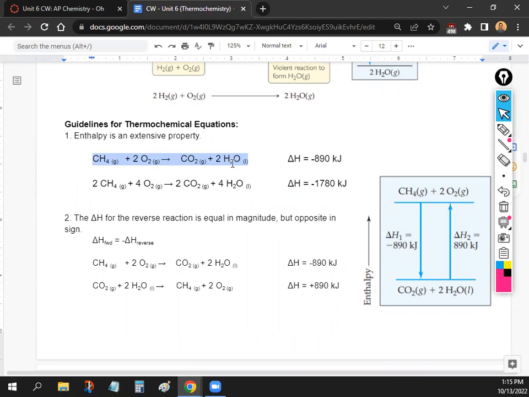But if you double everything inside the reaction, if you multiply everything by 2, the enthalpy will also be multiplied by 2, okay? That's basically what it means. It means it has a linear relationship with the chemical reaction, okay? So if you double it, enthalpy is doubled. If you half everything, then enthalpy will be divided in half. That's pretty much what it means.